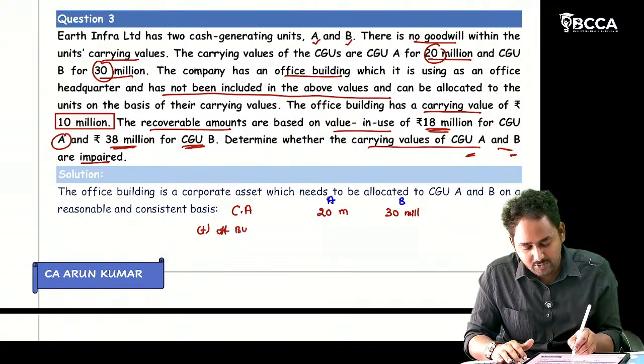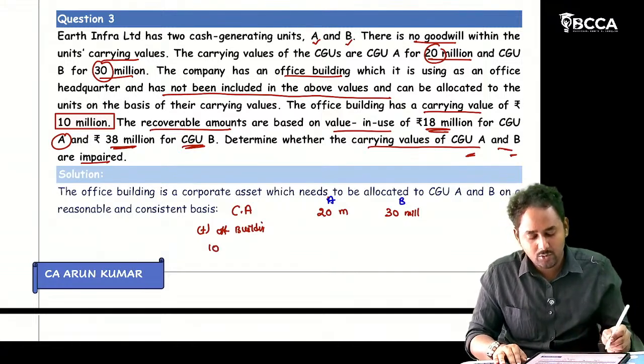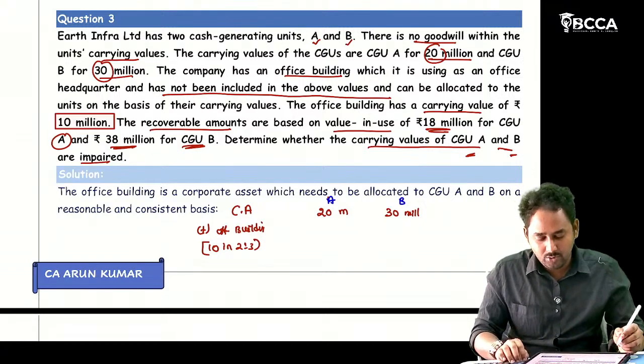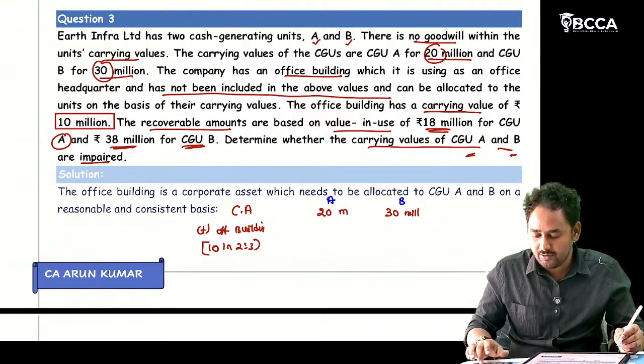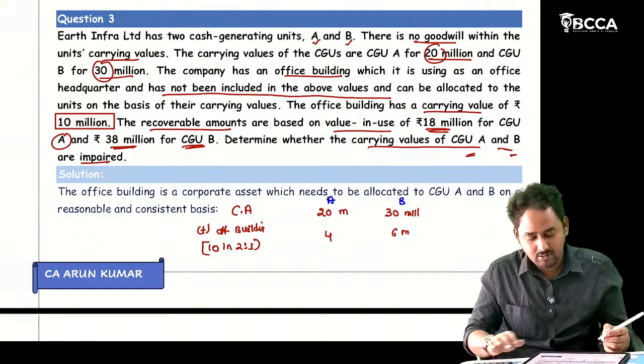The office building value is 10 million. The 10 million should be allocated to CGU A and CGU B in the ratio 2:3. 10 divided by 5, into 2 is 4, and into 3 is 6.